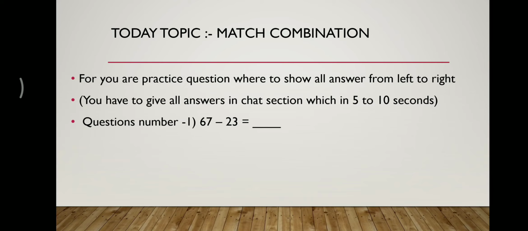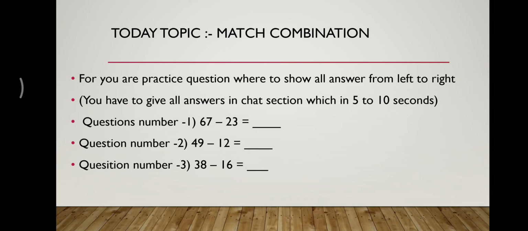Do it in your mind instantly. Don't wait for solutions, just think and answer. First example is 67 minus 23, 49 minus 12, 38 minus 16, 79 minus 52. These are all match combinations, meaning the first number is greater than the smaller number.